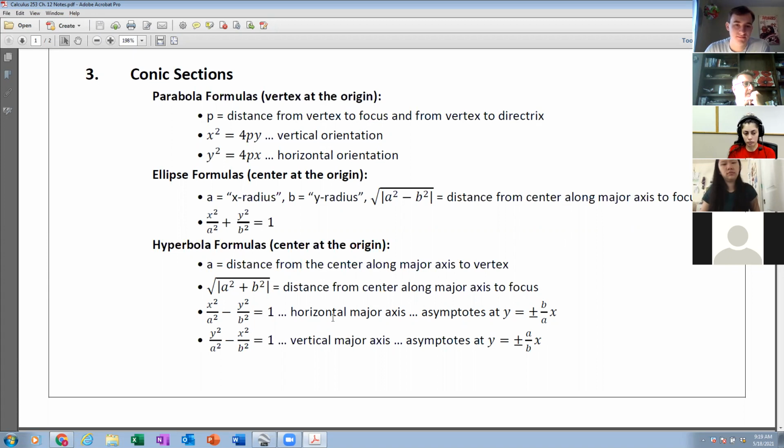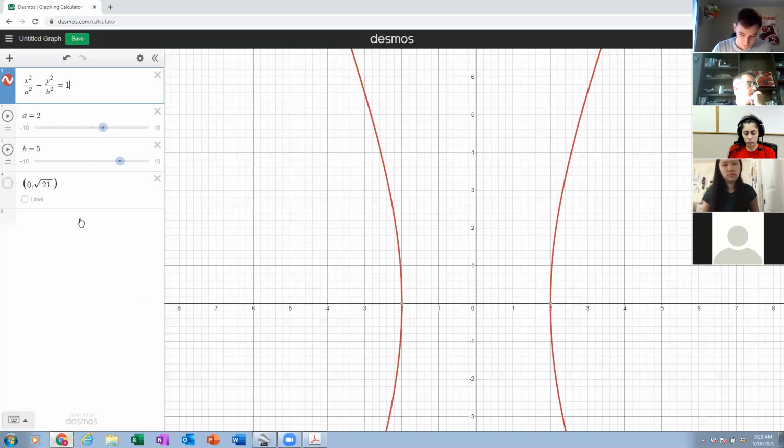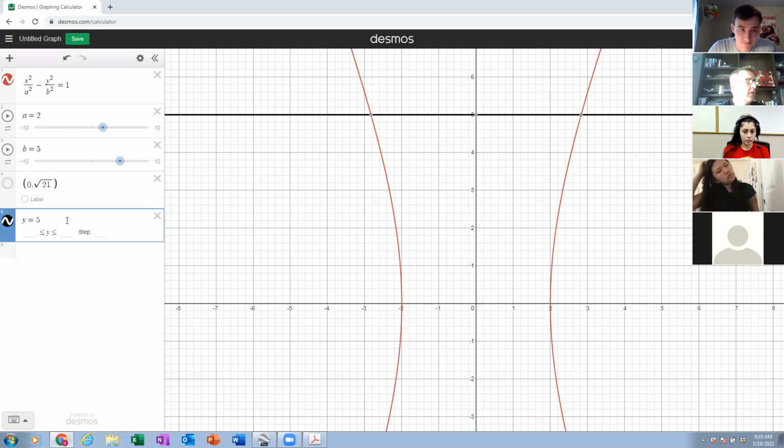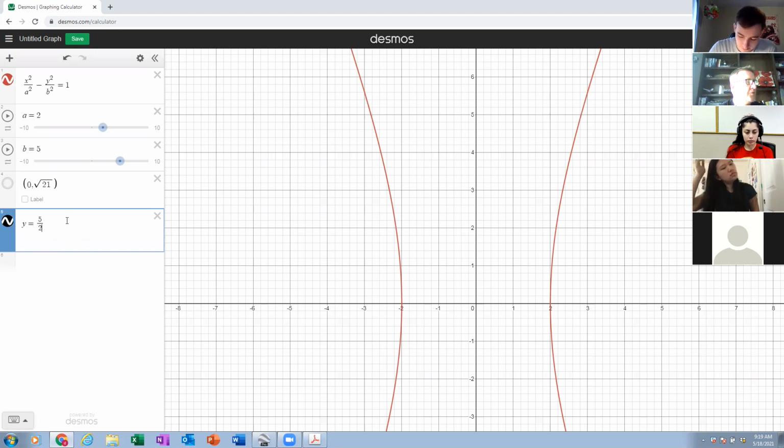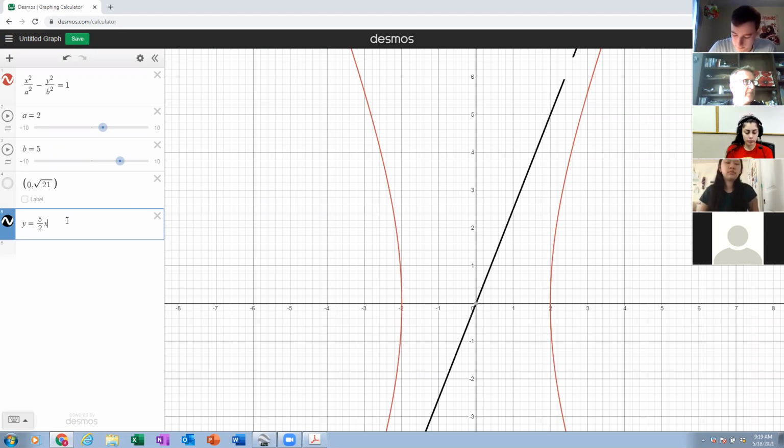Horizontal major axis, b over a x, huh? So what you're saying is, if I say y equals b, which is 5, over a, which is 2, x, and that could be either plus or minus.